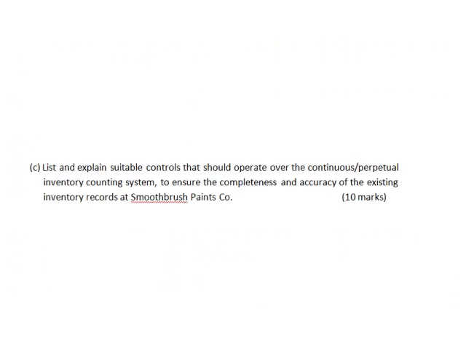Part C asks you to list and explain suitable controls that should operate over the continuous or perpetual inventory counting system to ensure the completeness and accuracy of the existing inventory records at Smoothbrush Paints Company. It is focused on Smoothbrush.